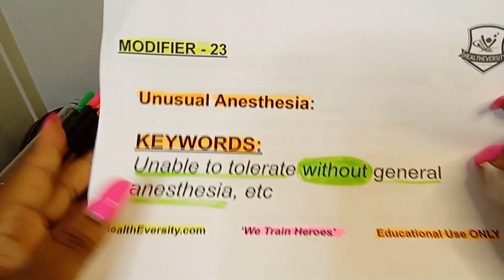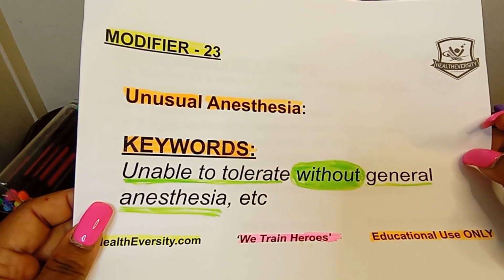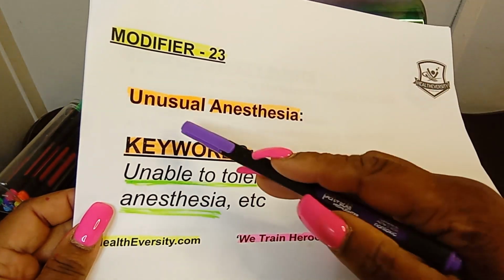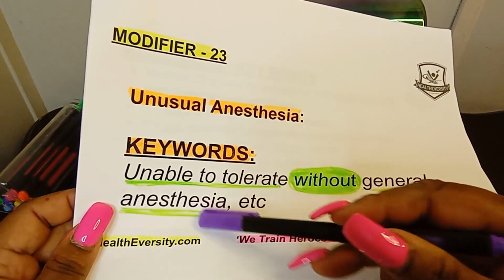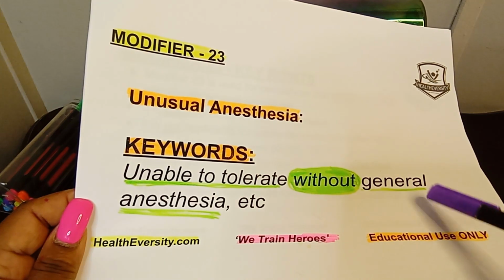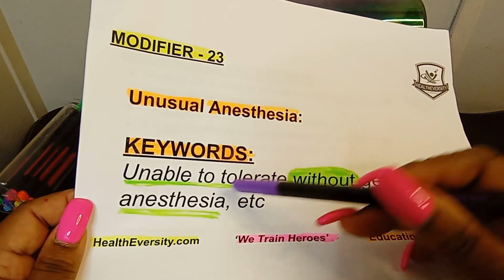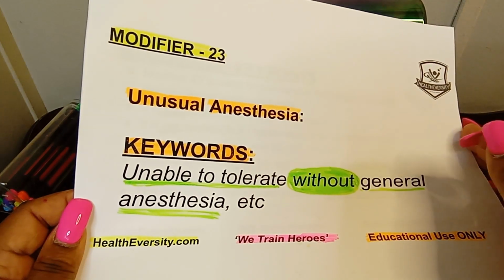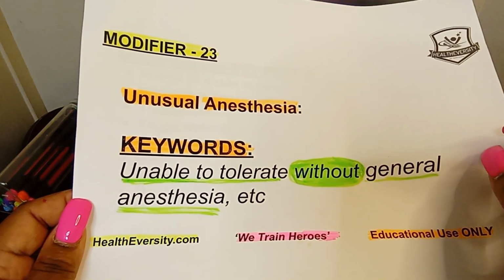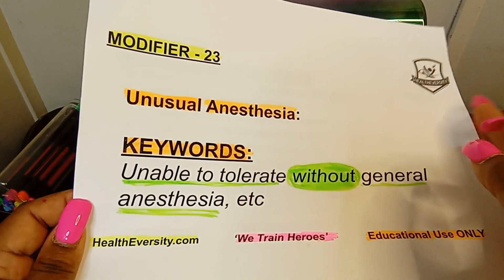All right, modifier 23, unusual anesthesia. Here are some of the keywords: unable to tolerate without general anesthesia. This is the main keyword for modifier 23, unusual anesthesia.